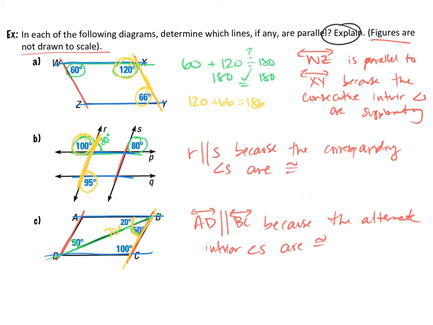So that is 70 degrees in that angle there for angle ABC. And I do know that my consecutive interior angles should be supplementary, meaning they should add to 180 degrees. But 70 degrees plus 100 degrees does not add up to be 180. So these two lines are not parallel.